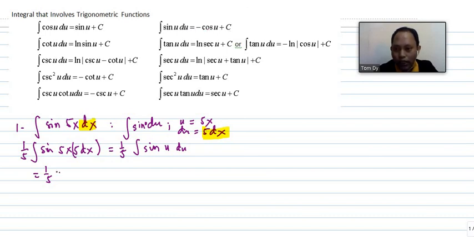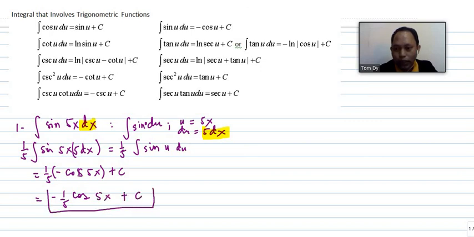So negative cosine of our u, which is 5x, plus c. And if we multiply this negative sign to 1/5, that is negative 1 over 5 cosine of 5x plus c. This is our final answer for example number 1.